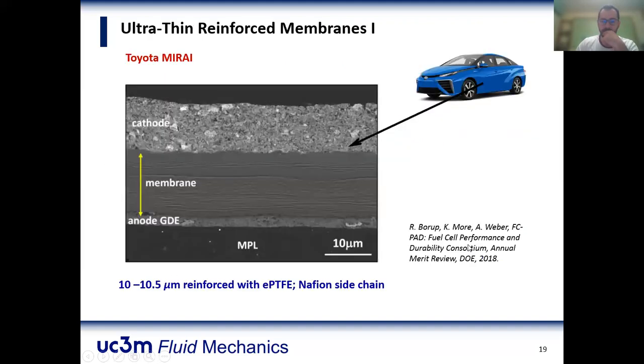From the experimental side, for instance, ultra thin membranes have been used in the Toyota MEA. They are using a reinforced membrane with a thickness of 10 microns. So these kinds of strategies are valid to reach high performance, combining materials with operating conditions.